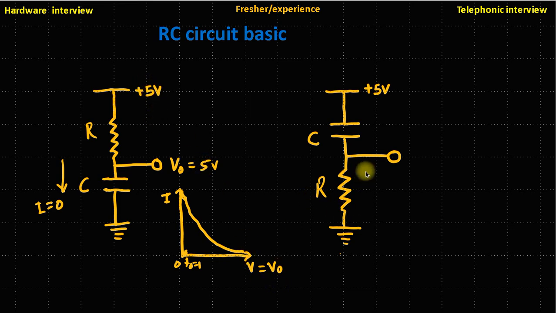Now we talk about the other circuit. What will happen in this? We give the same power supply here but we change the position and we are taking the output here. This is the output. So here the condition is something reverse. When the power supply is switched on, this capacitor will charge.